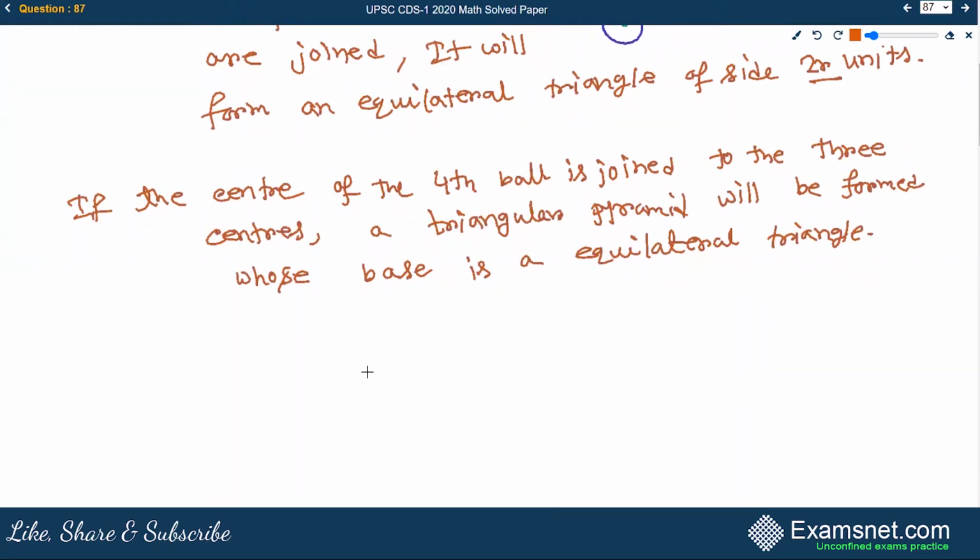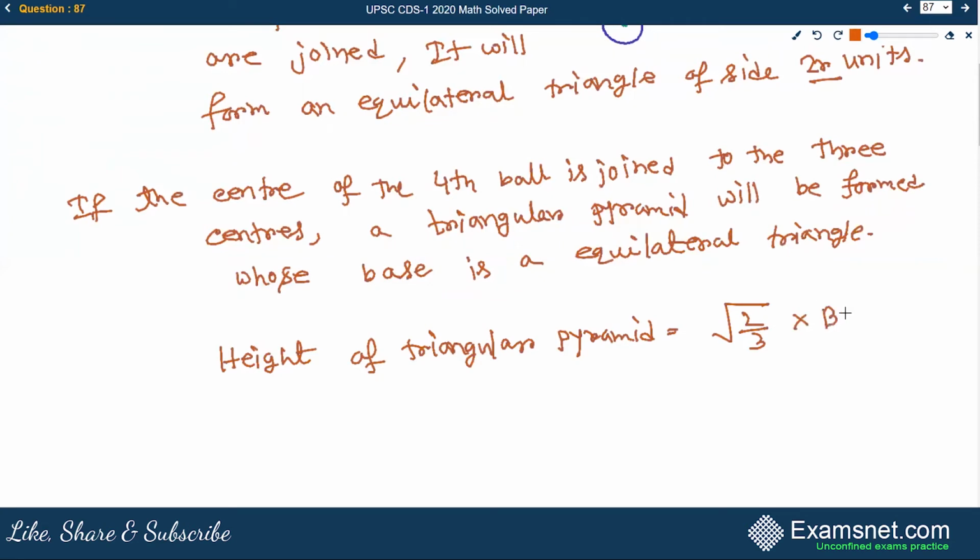So we got it. Now, height of a triangular pyramid. Let's find. How can we find height? Height of triangular pyramid, the formula is root under 2 by 3 multiplied by base side.